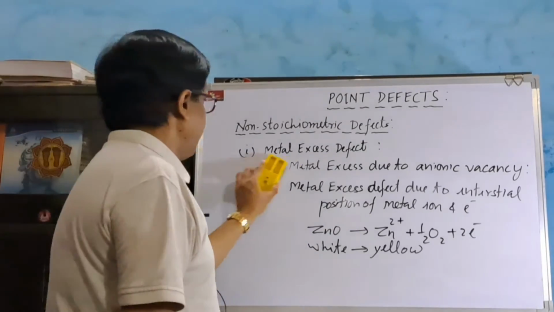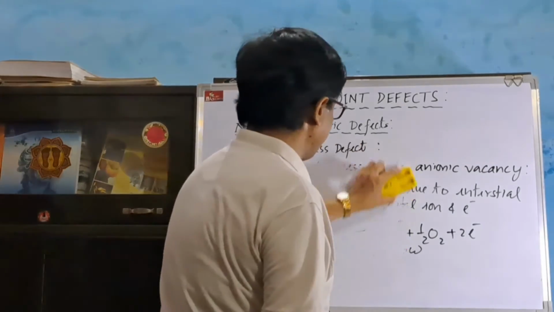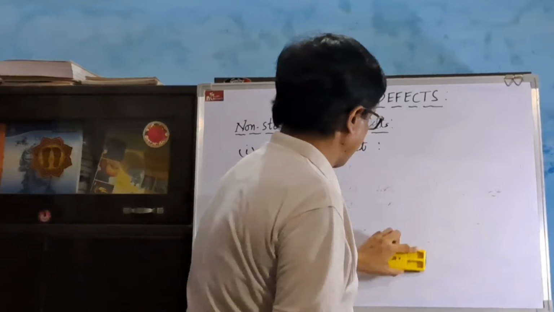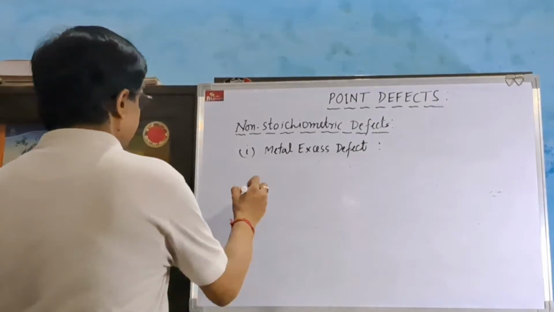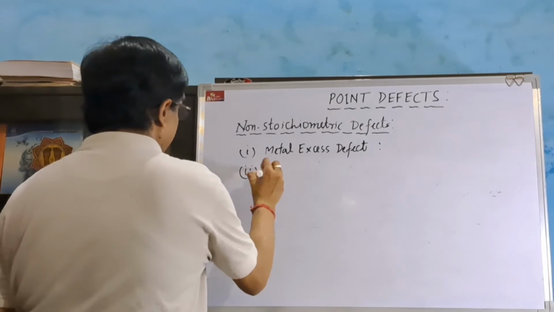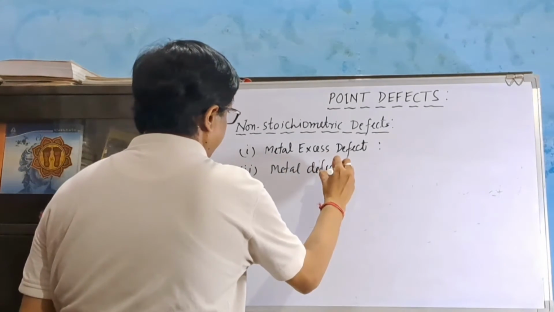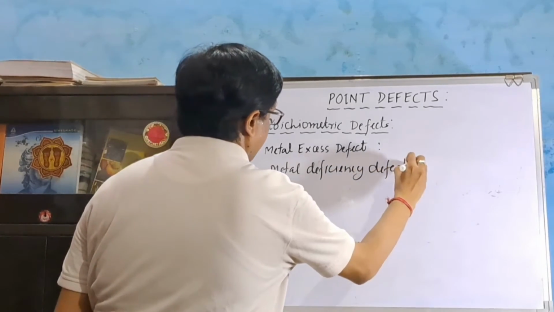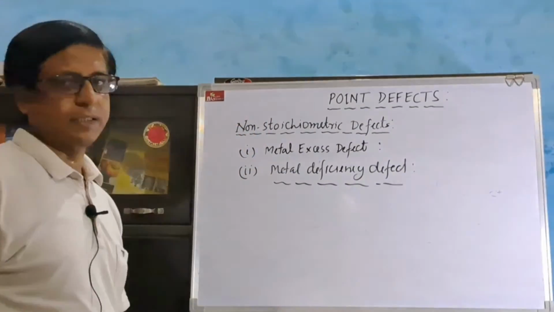Now the last is metal deficiency defect. What is metal deficiency defect? Second type of non-stoichiometric defect is metal deficiency defect.